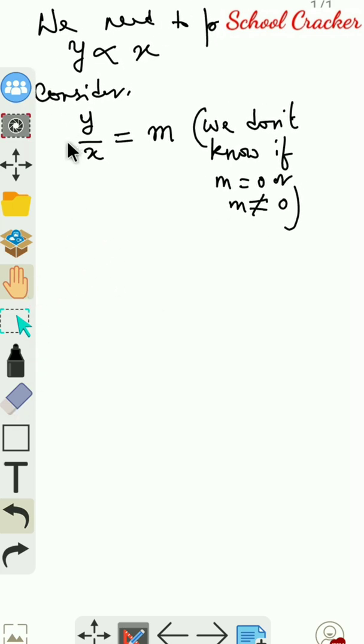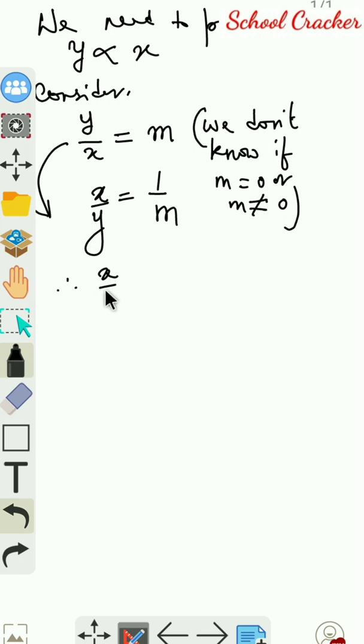Now inverse this quantity: x by y equals, this also gets inverse, 1 by m. But we know that x by y equals k from the first relation. Therefore x by y equals 1 by m equals k.